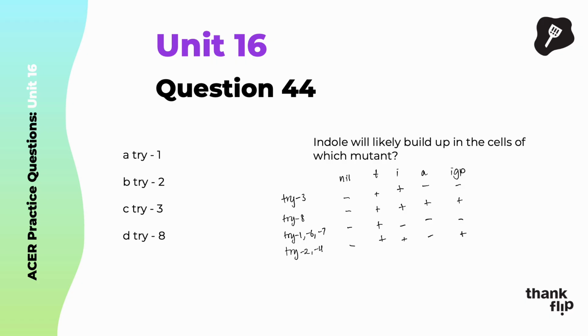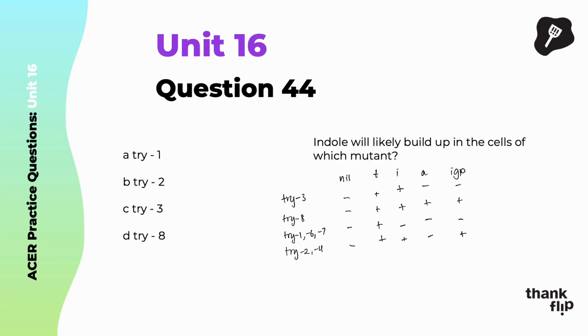Okay, so looking at question 44. Question 44 is asking where would indole most likely build up? So in which mutant would indole most likely build up? Indole in the table is indicated by a lowercase i at the top here.